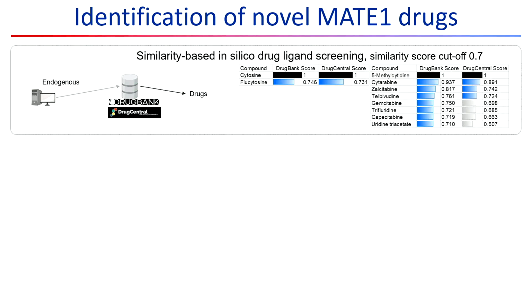So then, as I already alluded to in the workflow overview, we took the structures of those novel endogenous compounds and put those into the two databases, DrugBank and Drug Central, and we looked for cytosine and for methylcytidine, and identified flucytosine here in silico, as well as those compounds here: cytarabine, zalcitabine, telbivudine, gemcitabine, trifluridine, capecitabine, and uridine triacetate, with a score cutoff of 0.7.